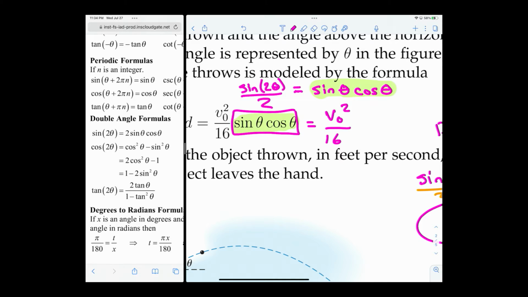And then the part in the pink box, we can now write sine 2 theta over 2. And that's it. That's all you're being asked to do, is make a substitution here so that we only have a sine. So we did it.